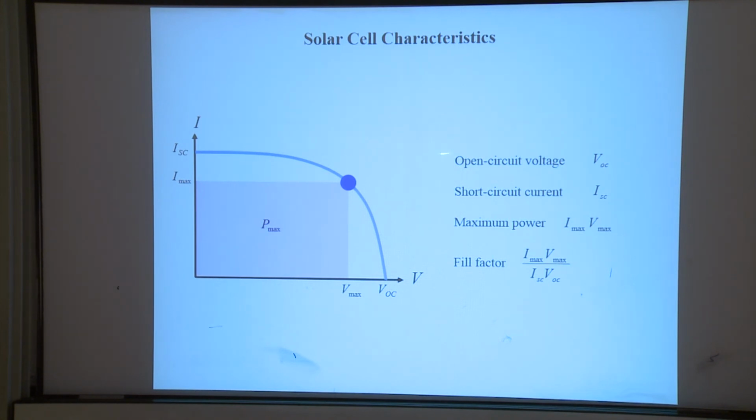It's just the current at the point that gives us maximum power, and Vmax is the voltage at that point. And we'll define a fill factor, sometimes abbreviated as FF. Fill factor is Imax times Vmax divided by VOC and ISC.